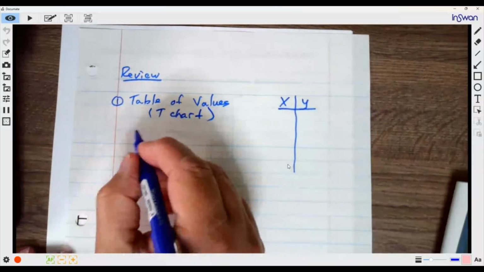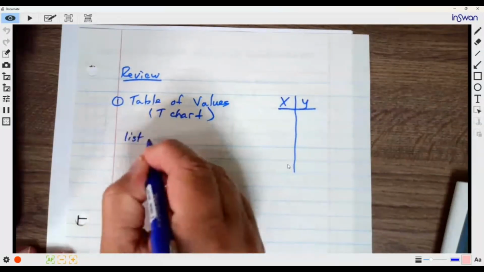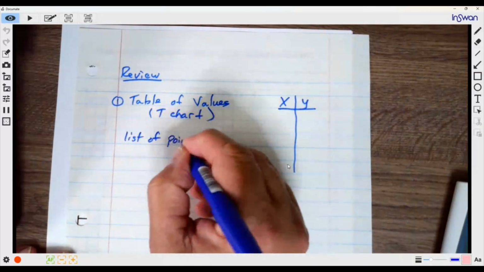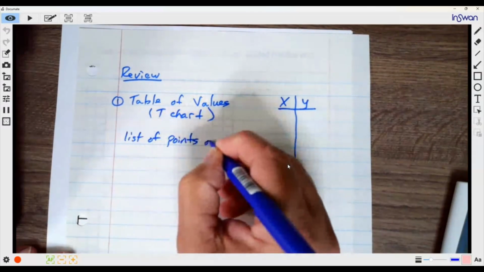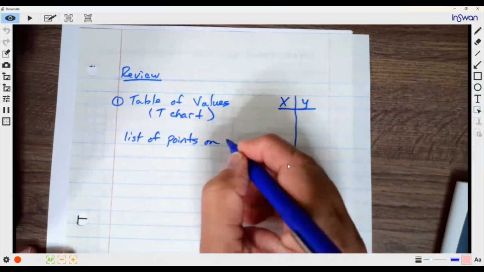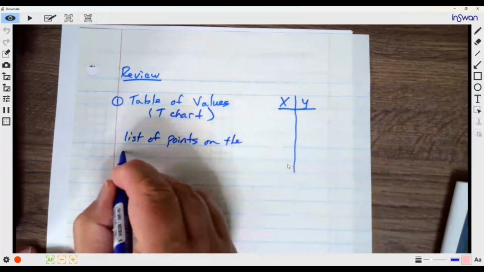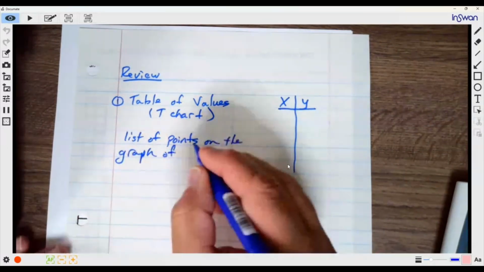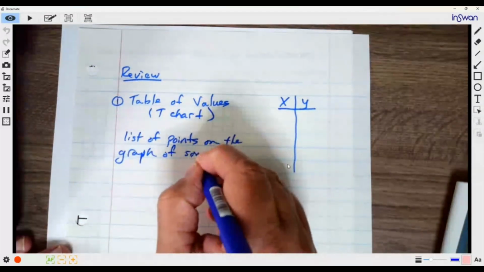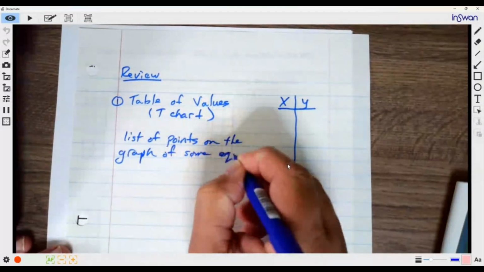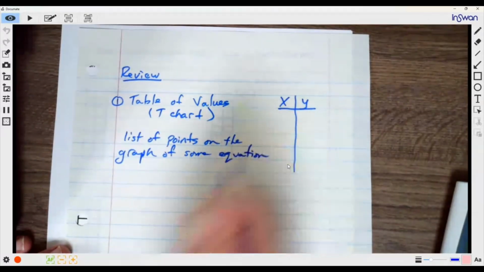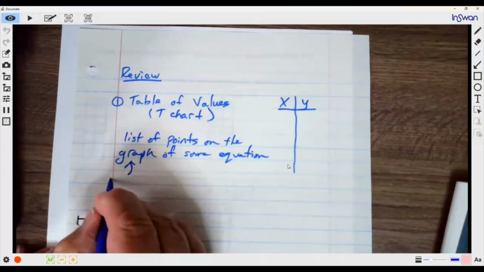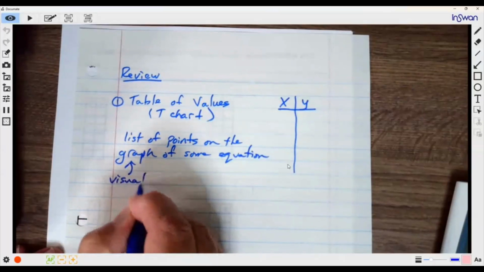A table of values is a list of points on the graph of some equation. We talked about the fact that a graph is a visual model.